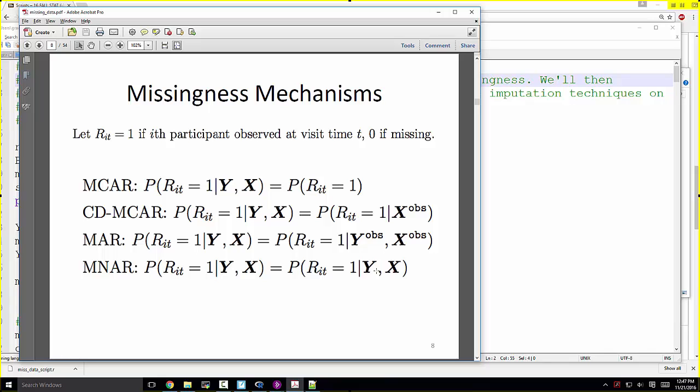But when the missingness depends on the value we would have seen for an individual, like suppose this is a clinical trial and the response variable is maybe pain, some measure of pain. If you are more likely to drop out of the study or miss an appointment when you're in higher pain, then the probability of missingness depends on what the value of that pain measurement would have been.